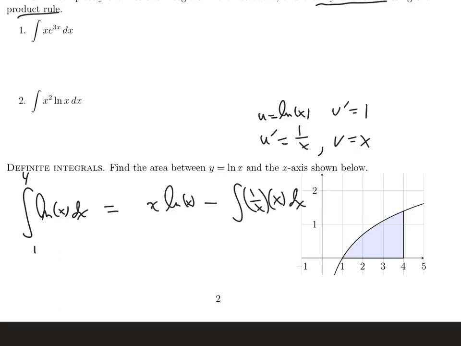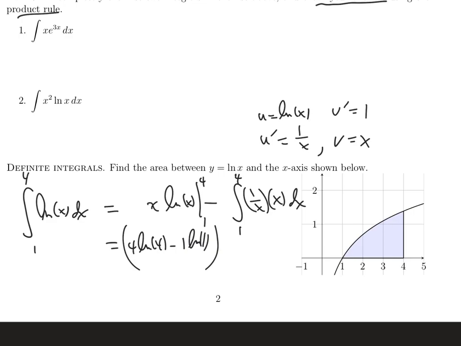Now what about the 1 and the 4? Well, in the evaluate-as-you-go mindset, we would evaluate that first part from 1 to 4 because the integral sign has come off of it already. And then this new integral, we would keep the limits of integration on. So this first evaluation will be 4 log 4 minus 1 log 1.